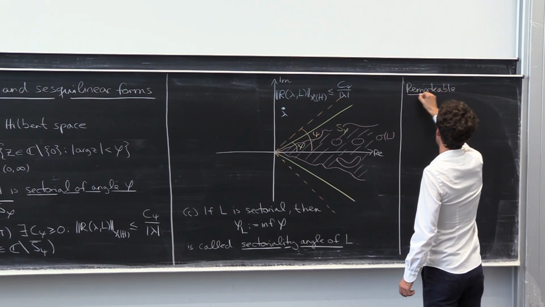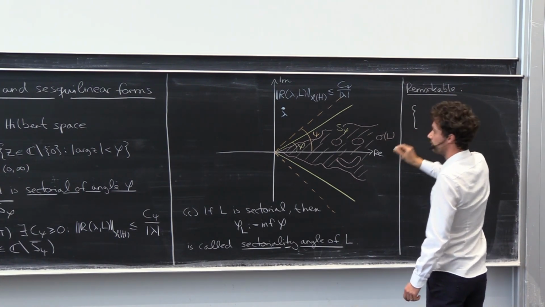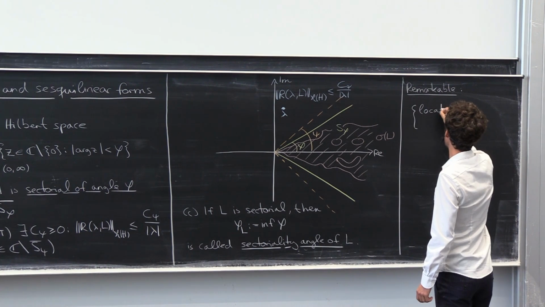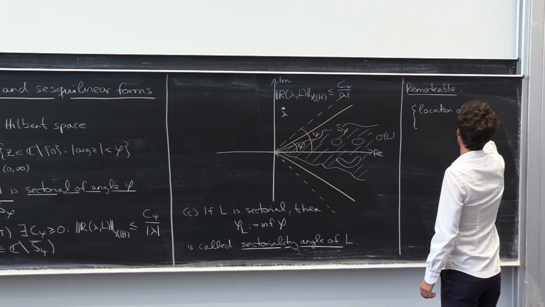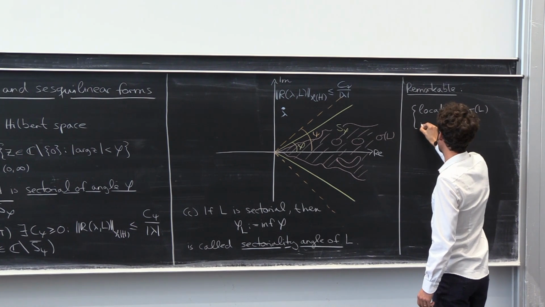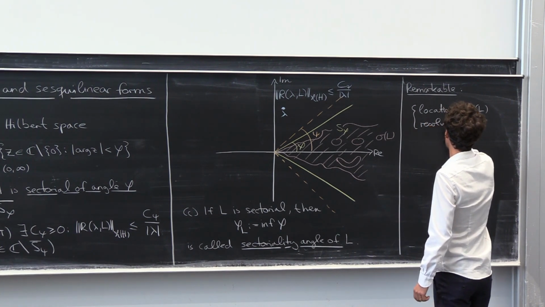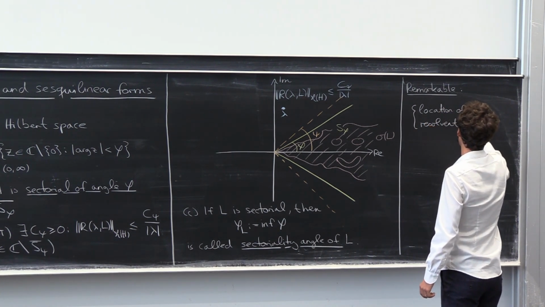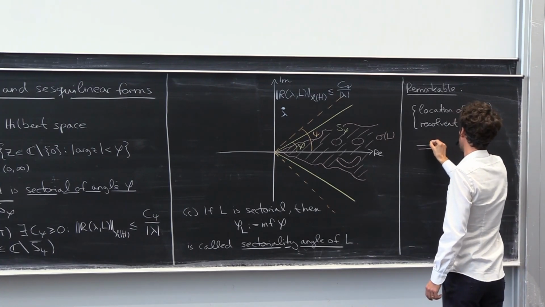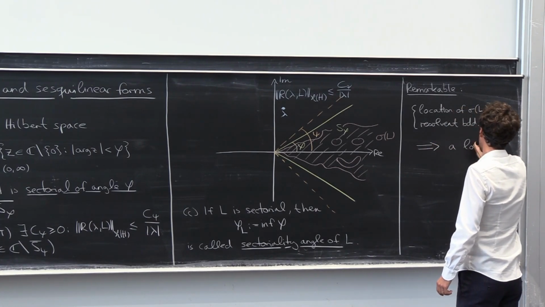It's remarkable that the two ingredients that we put in the definition, namely location of the spectrum and resolvent bound, that these two things together imply a lot.